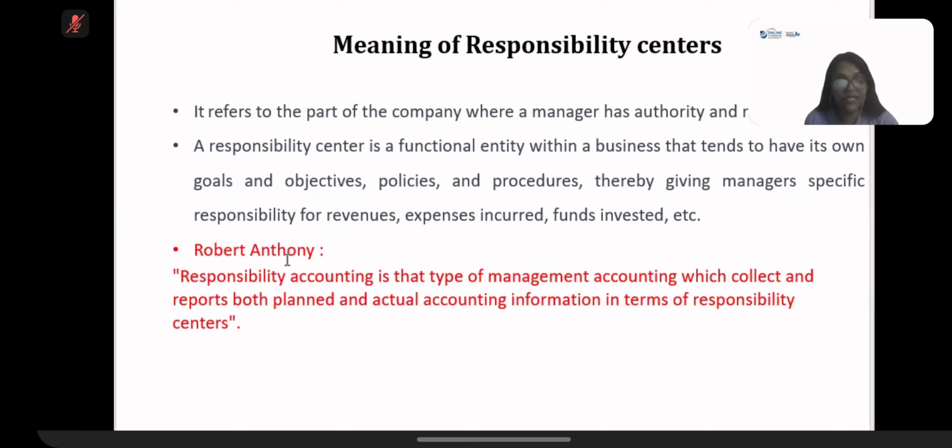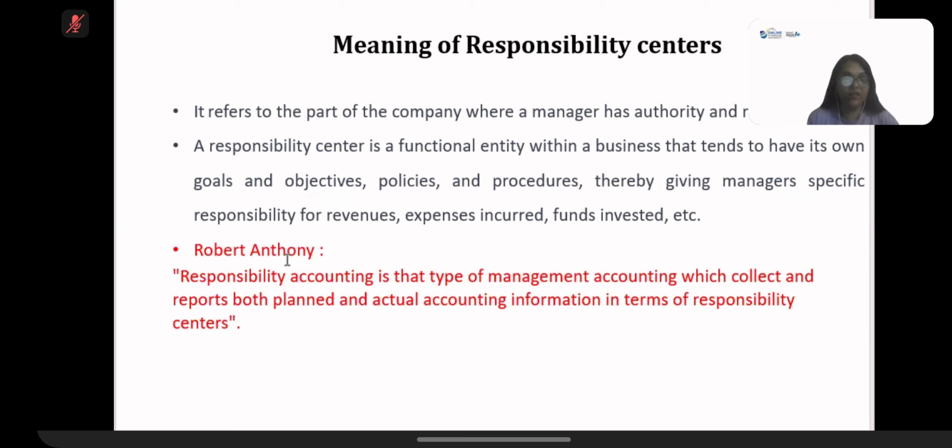So responsibility center is a functional entity, students, within a business that tends to have its own goals, objective, procedures to identify कि revenues क्या हुए, expenses क्या हैं, कितने funds incur हुए, कितना funds invest किया. Okay. The definition of responsibility center is given by the expert Robert Anthony.